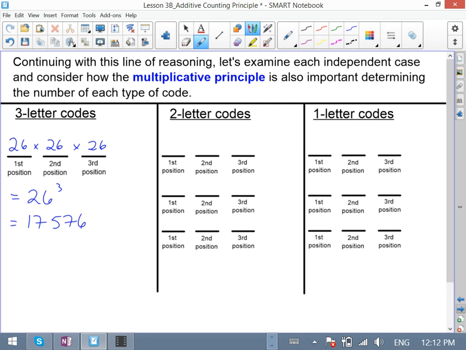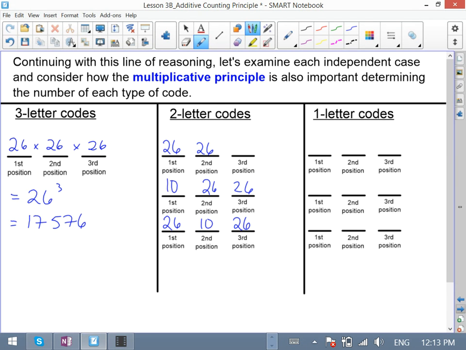Now your 2-letter codes, on the other hand, can only use 2 letters. So the last one must be a number between 0 and 9 inclusive. We could look at it this way: there are 26 letters in the first 2 positions. Other codes could have them in the last 2. And then another set of codes could have their letters separated by a number, and there are 10 possible digits we could use for that number.